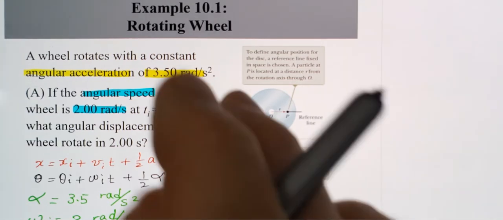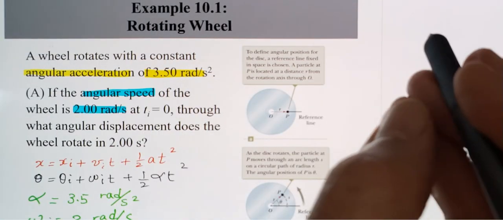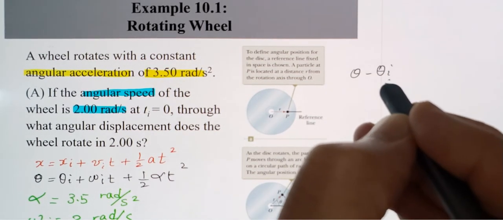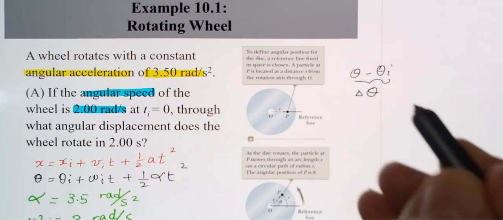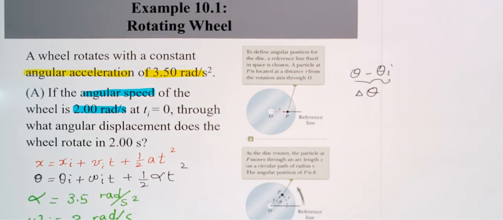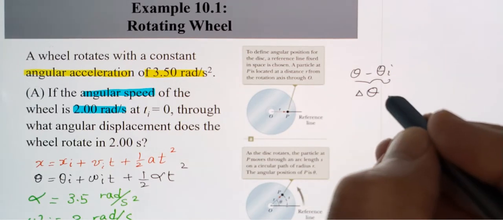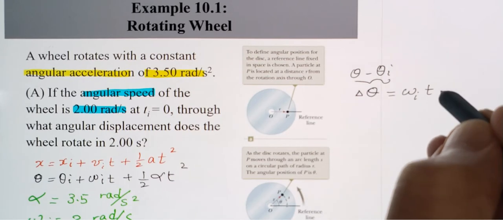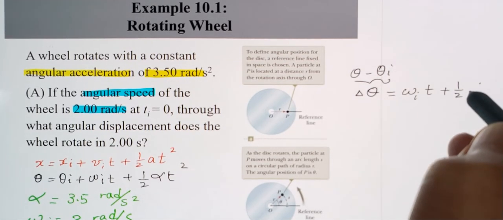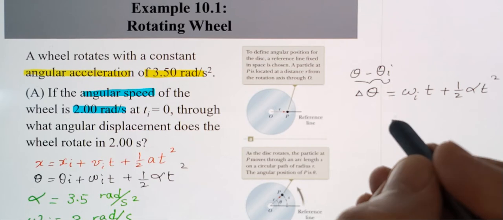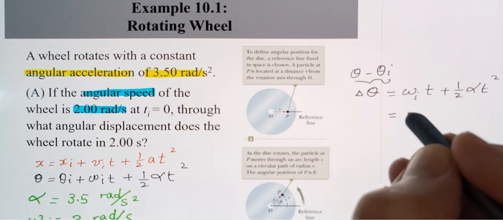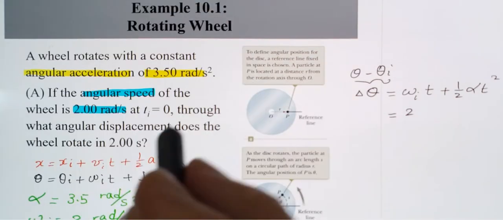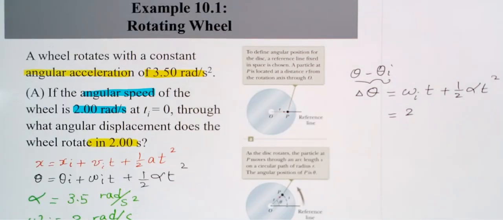So right away, I will just write it here. So theta minus theta i, which is the total angular displacement, is equal to omega i multiplied by t plus half alpha t squared. Omega i is 2. So here also we have the time, which is 2 seconds.